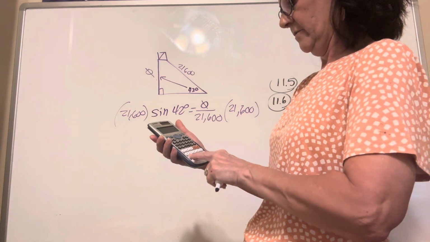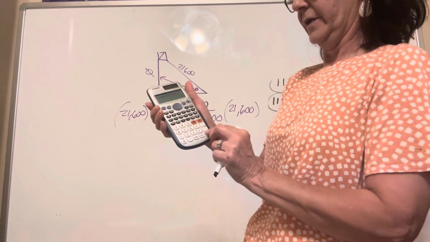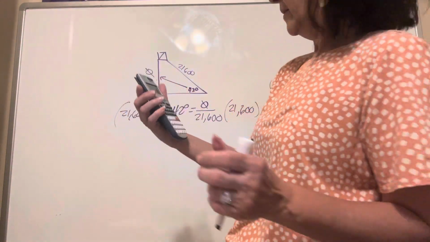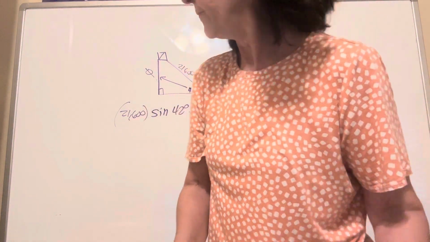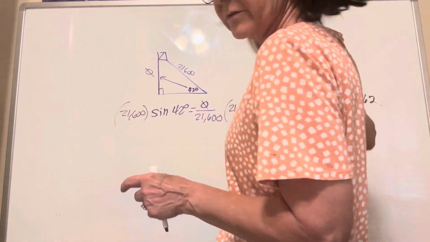It's 21,600 times the sine of 42. That's how high it is: 14,453 feet. Was that number 58? No. That was 40.